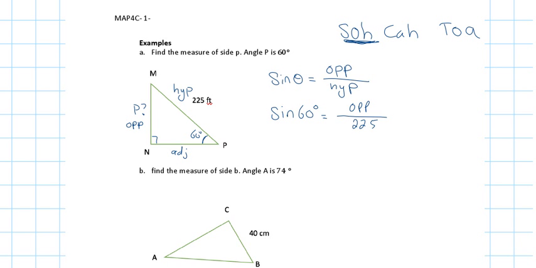So there is a division by 225. I want to get rid of that division by 225. I want to bring it over. That division becomes a multiplication, or what you can see as cross multiplying, right? So can you guys give me the answer for sine 60? 0.8660.